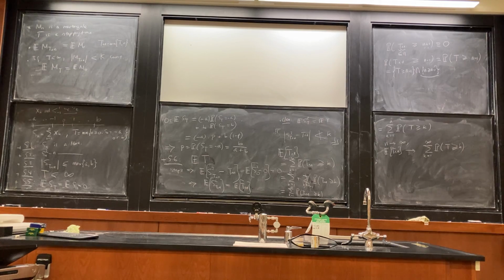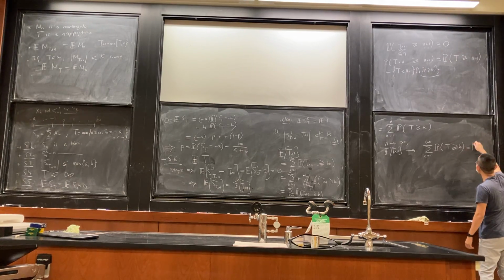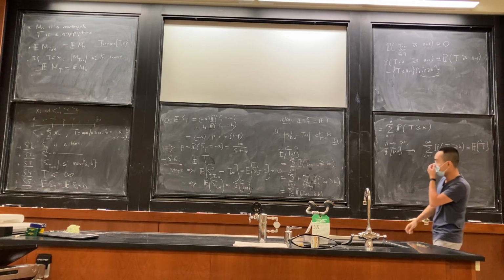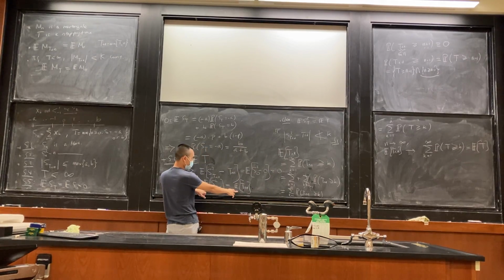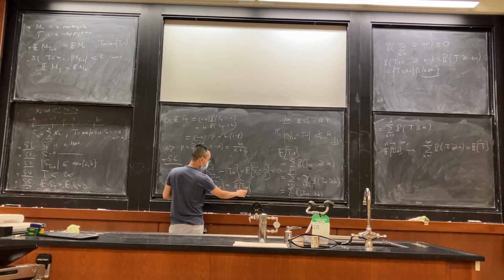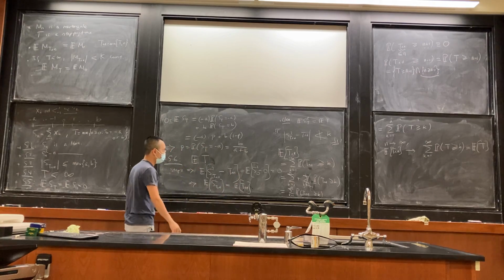What is that series? The expected value of T. The mean of T. So that is just the mean of T. Alright? So, as you can see, starting from this equation, I take n to infinity of the right hand side, I get the mean of T.